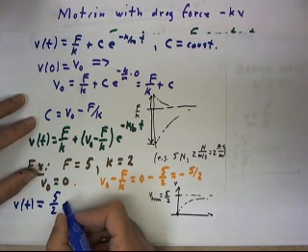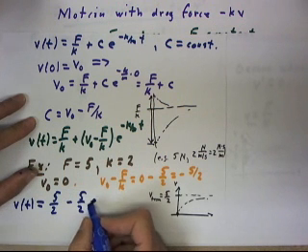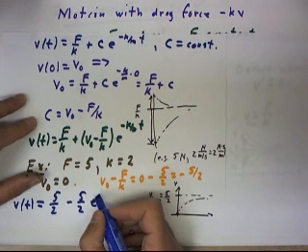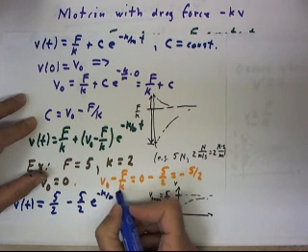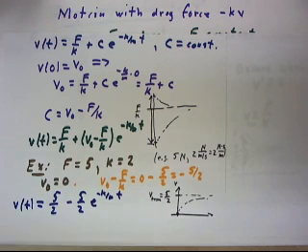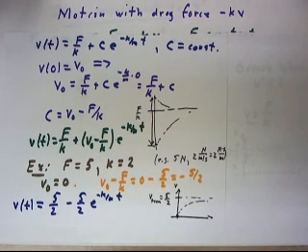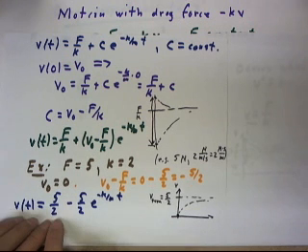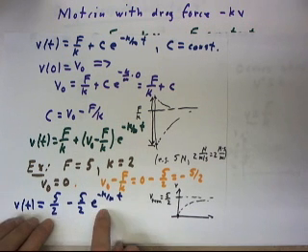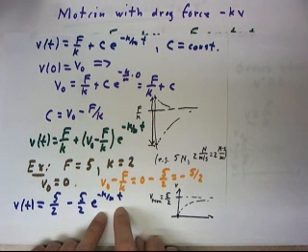So I'm just going to write that as minus 5 halves times e to the negative k over m multiplied by t. Now, if we had a value for m, we could put numbers in here, but the first thing I want to look at is the fact that our velocity function is 5 halves minus 5 halves times some exponential function, and that exponential function is approaching 0.